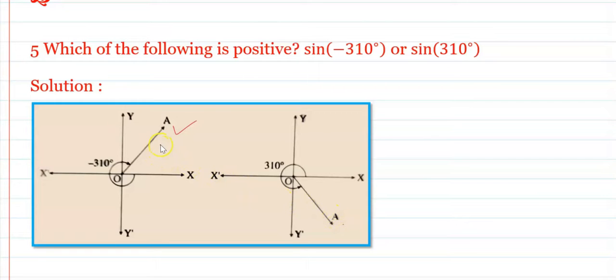In first quadrant, all are positive. And in the fourth quadrant, only cos is positive. Here cos is positive. And therefore, sine of 310 is negative. And therefore, sine of minus 310 is positive, and the sine of 310 is negative. Okay.